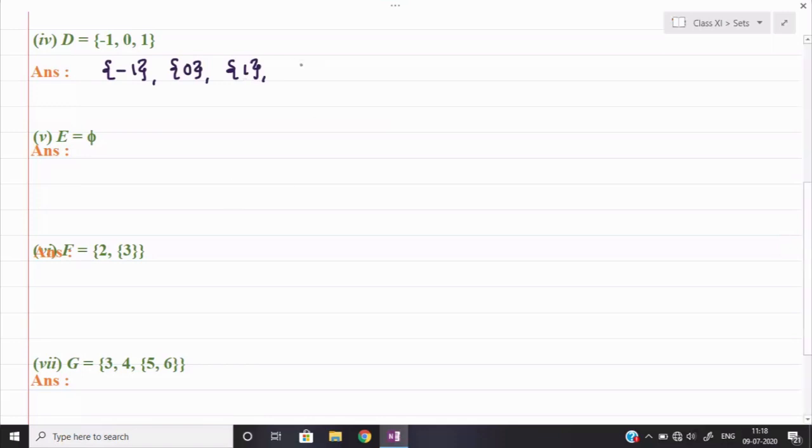So if I take two elements together, then also it is a subset of the given set, like this {-1, 0} I can take, or else I can take {0, 1}, or I can take {-1, 1}.